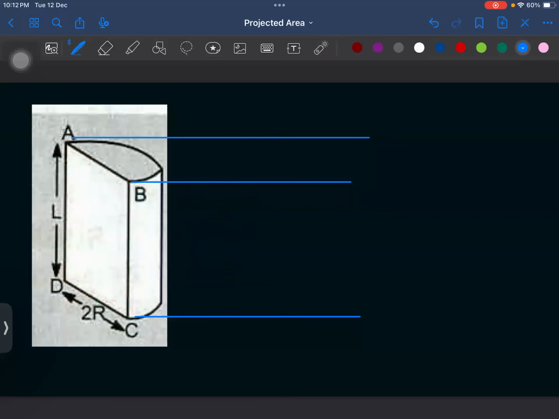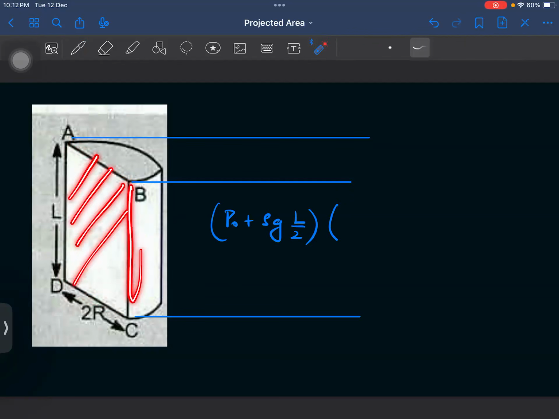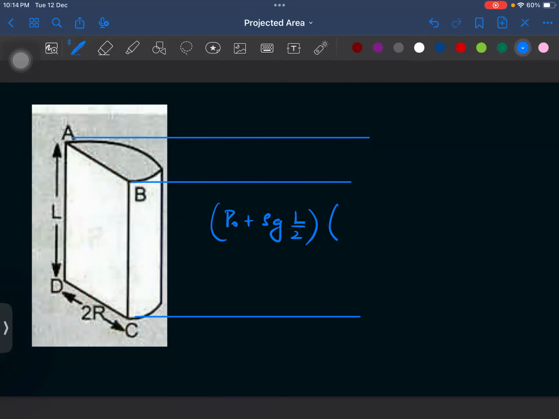The pressure at the center of mass of this projected area will be simply P naught plus rho g L by 2, as L is the total length, multiplied by the area of this projected area. Now this is length L multiplied by the breadth, which is 2r. So L into 2r. This will be simply the force. We don't need to go through the integration. A simple result will give us the force.